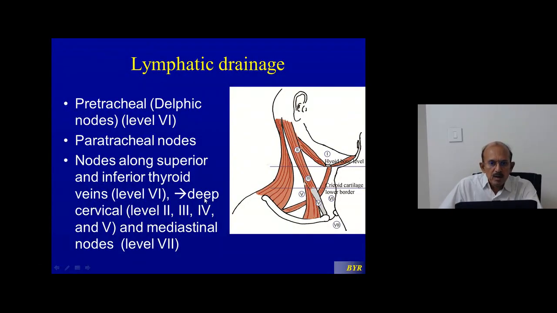From there to deep cervical nodes, that is level 2, level 3, level 4, level 5, and mediastinal nodes. That means all the groups of lymph nodes in the neck are involved in the malignancy of the thyroid gland. That means the lymph is drained to all these lymph nodes. So the main lymphatic drainage is to the level 6 or medial compartment of the neck or central compartment of the neck.